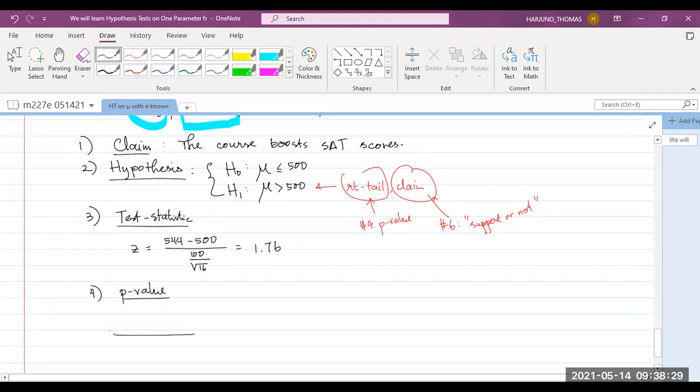Standard normal distribution, test statistic 1.76, that's a right tail. So the p-value is normal CDF, 1.76, E99, 0.1.